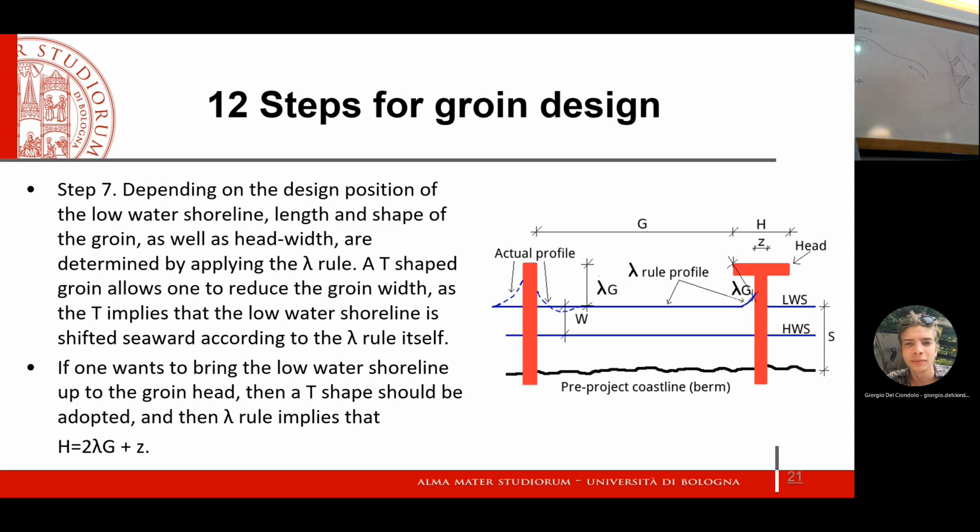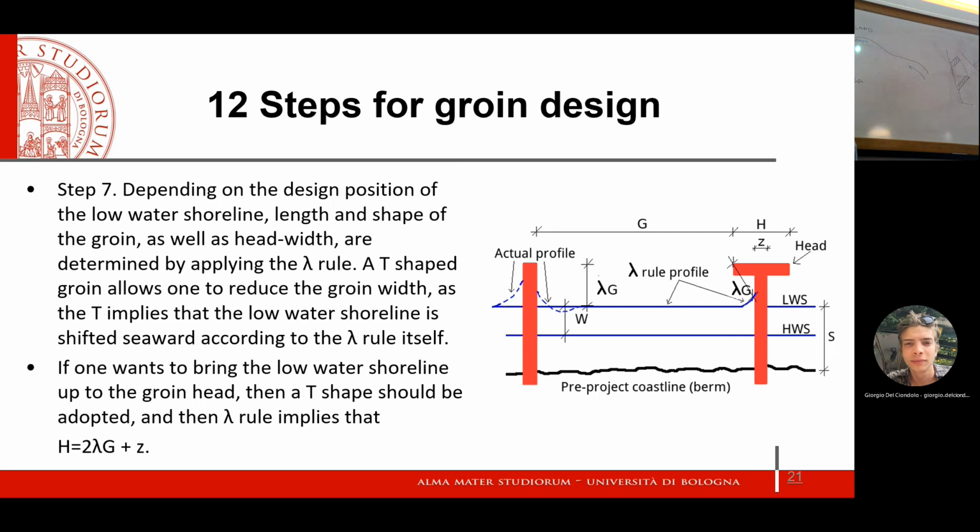And if you look at the figure here, look at the right groin. If you want to bring the blue line close to the end of the groin, you have to make lambda g equal to what?